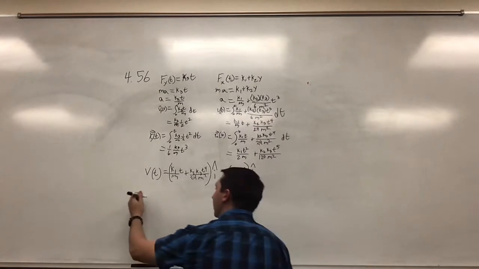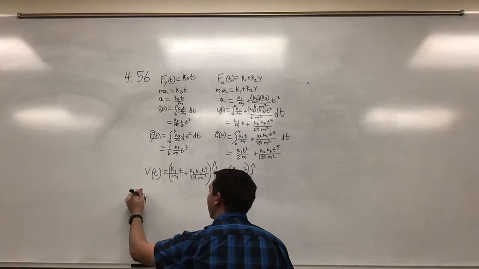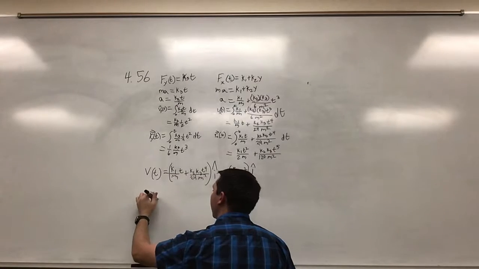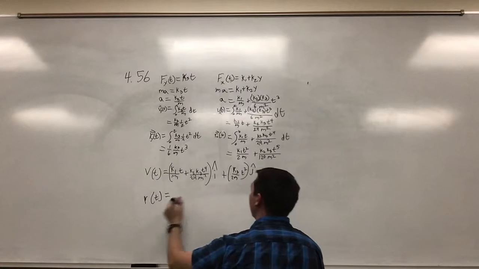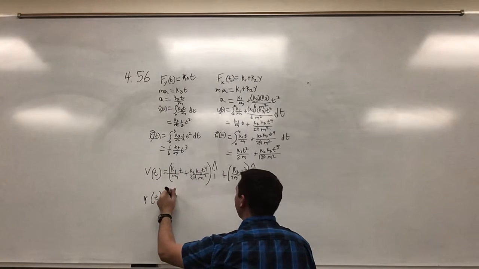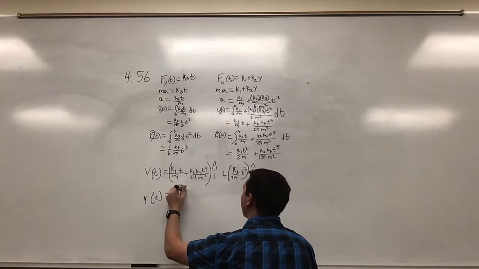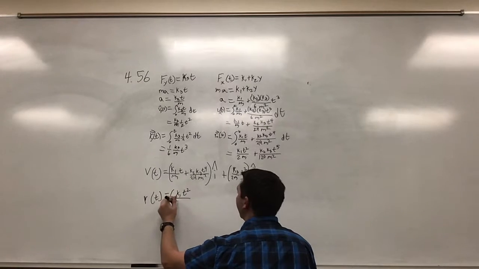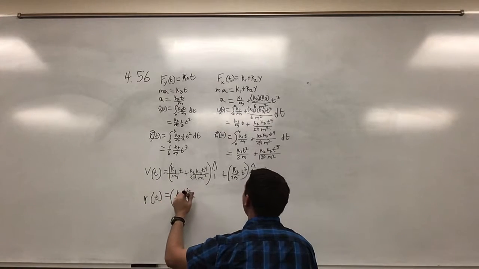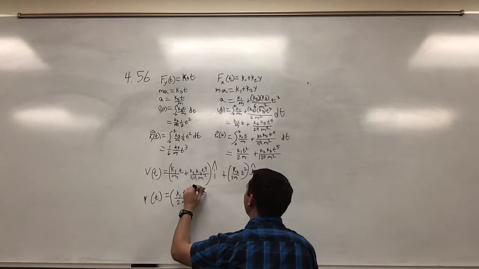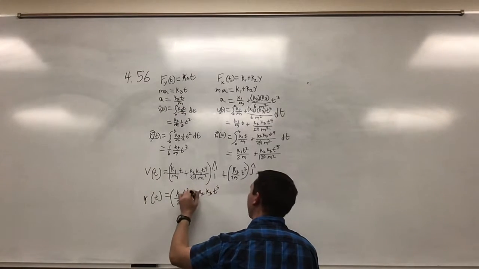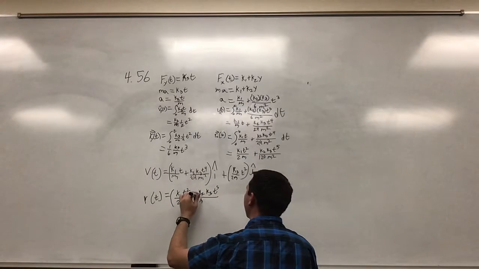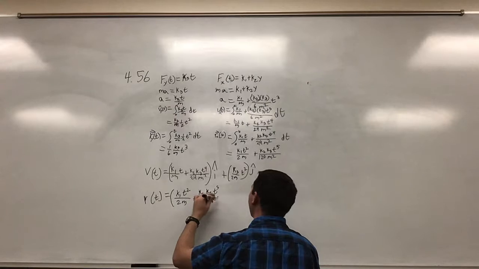Our position is going to be the same thing, but with position vectors. It's going to be k1 times t squared over 2m plus k2 times k3 times t to the fifth over 120m squared.